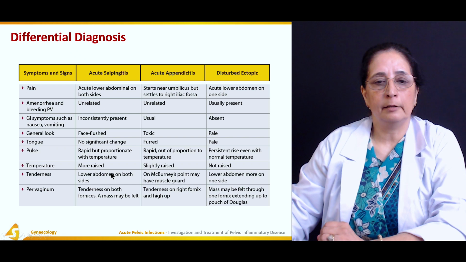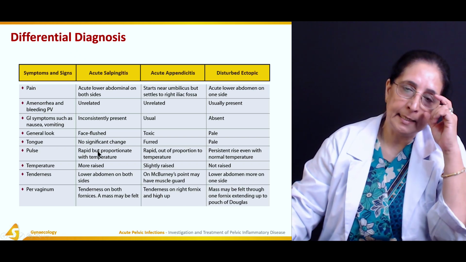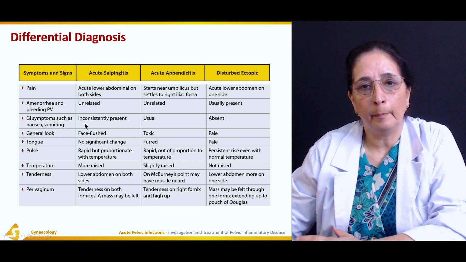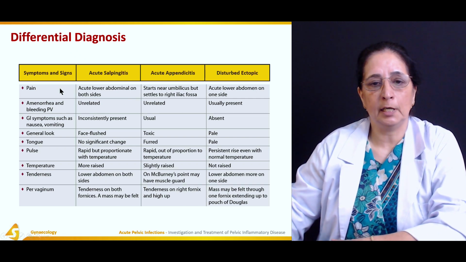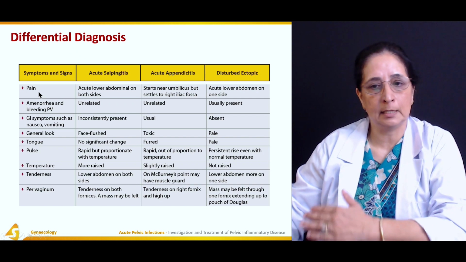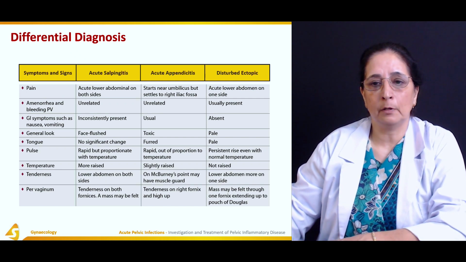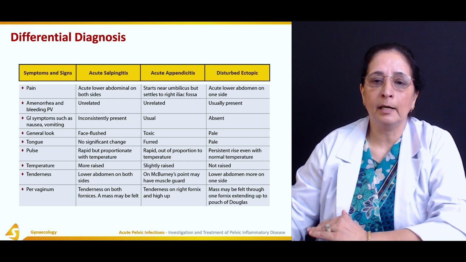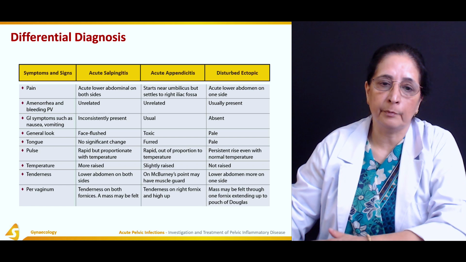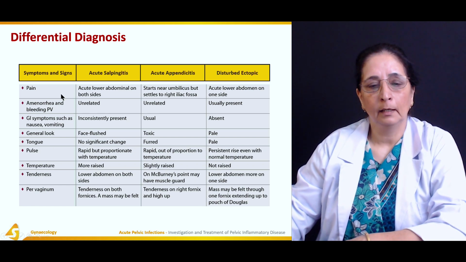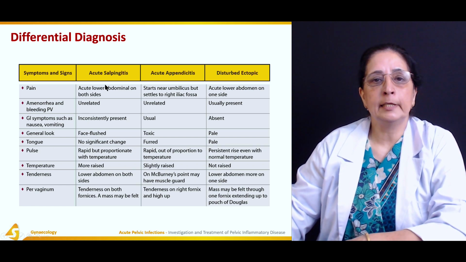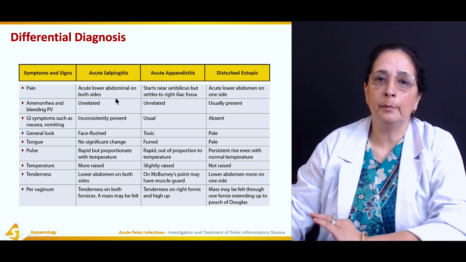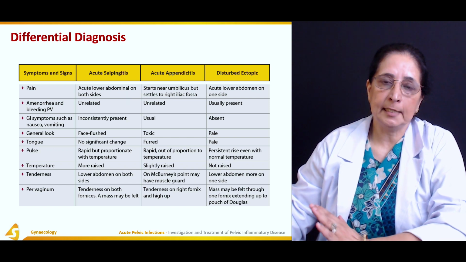So some signs and symptoms that help us differentiate between the three commonly associated conditions: pain is present in all three, but the area and type of pain are important. In acute salpingitis, the pain is usually in the lower abdomen on both sides, right and left.